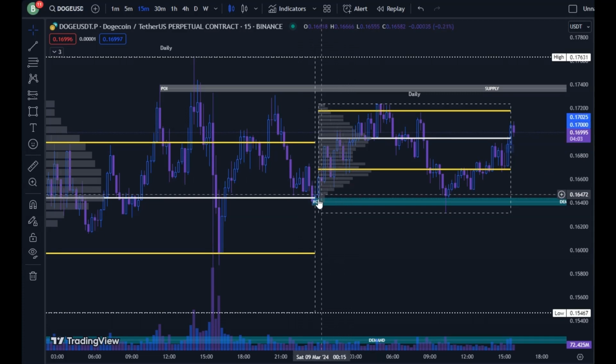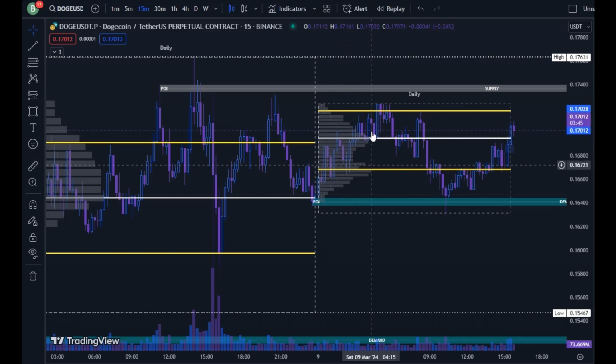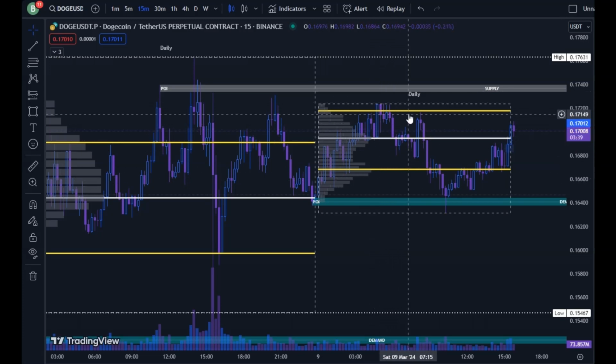I'm not trading at this time, 12 o'clock last night, so we're going to be waiting to see what happens, get some more price action. It goes up towards the value area high, then retraces from the value area high back to the point of control.